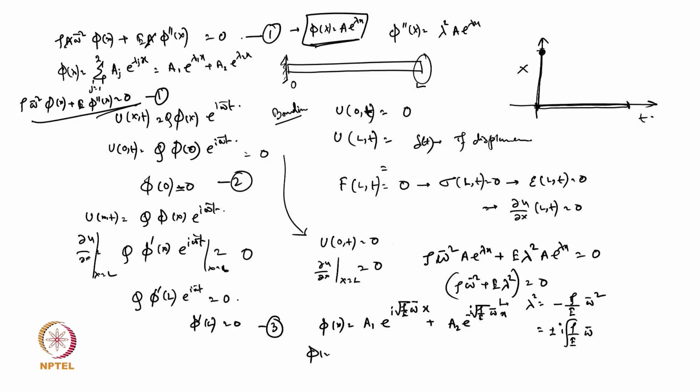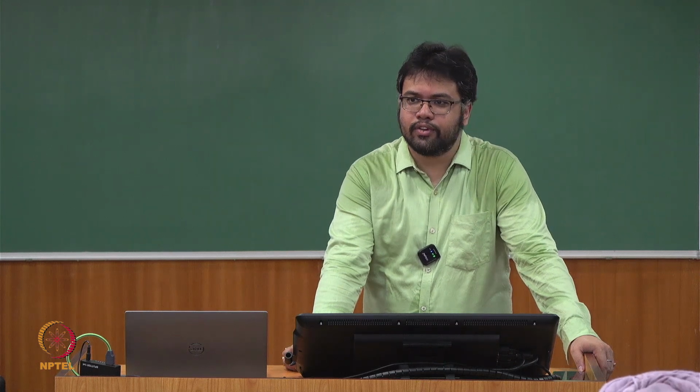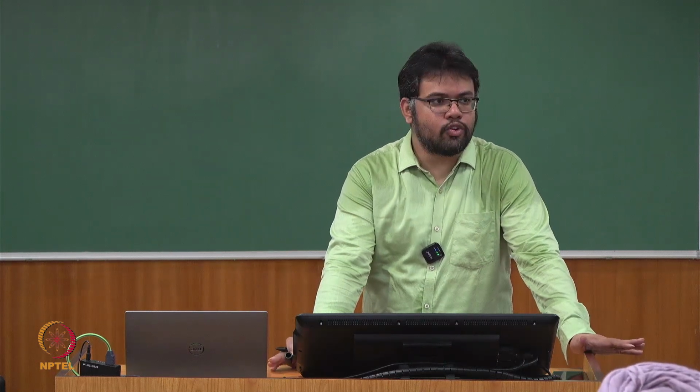So that can also be written as phi x equal to maybe c1 into cos root over of rho by E omega bar x plus c2 sine root over of rho by E omega bar x. Okay, that we can write. All of you okay with that?